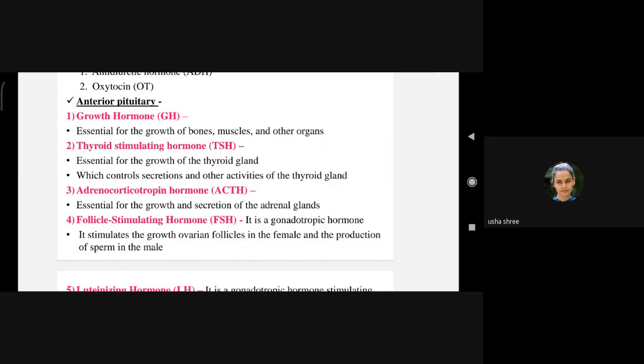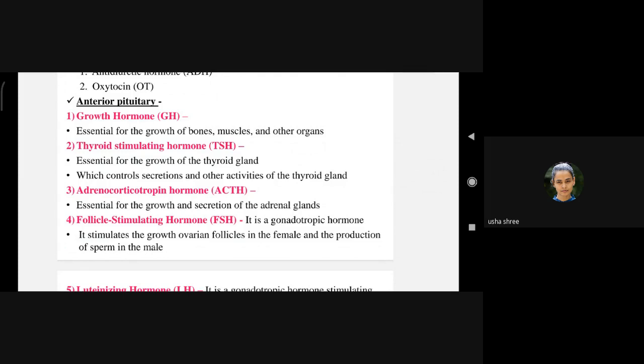It acts on the whole body tissue. Each and every body tissue needs growth hormone. That is why growth hormone does not have any particular target site. So this is a very important question.